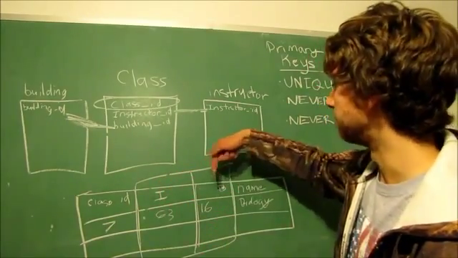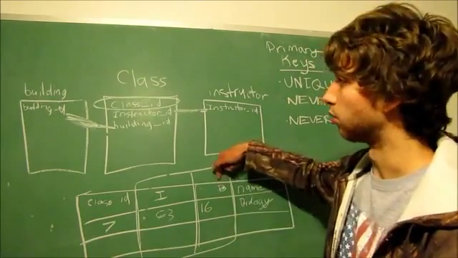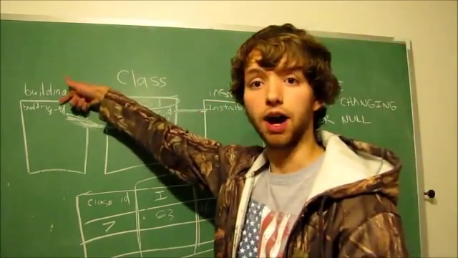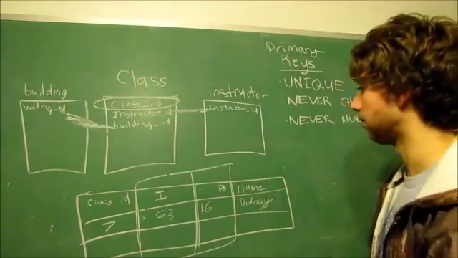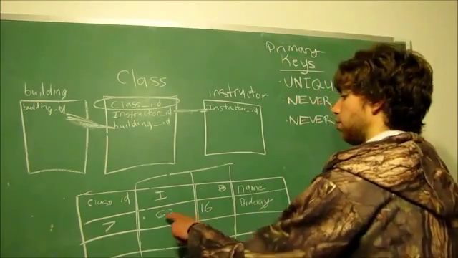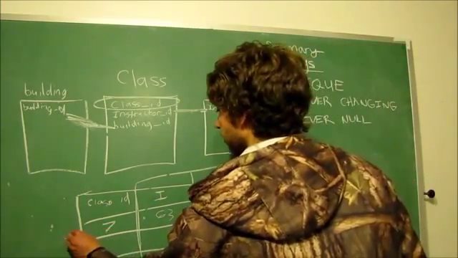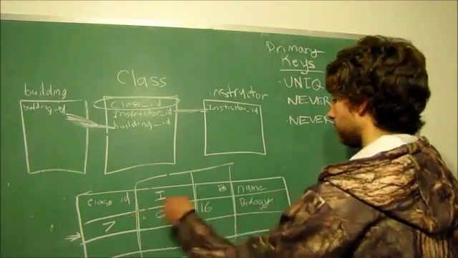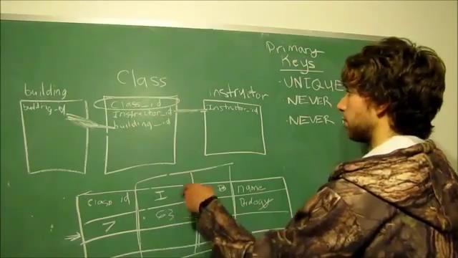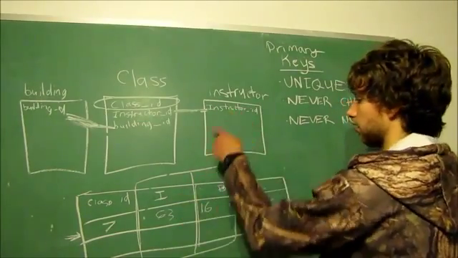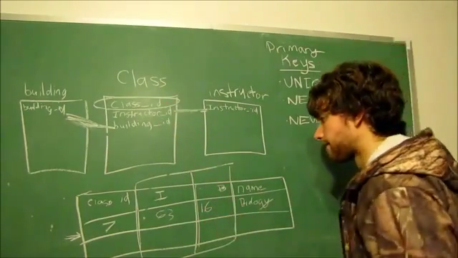Now, same for the building ID, we could say that every single row has to reference a value within the building ID. So that means the row right here, let's say this row individually, the class ID with 7, biology, references the instructor with the ID of 63 and the building with the ID of 16.